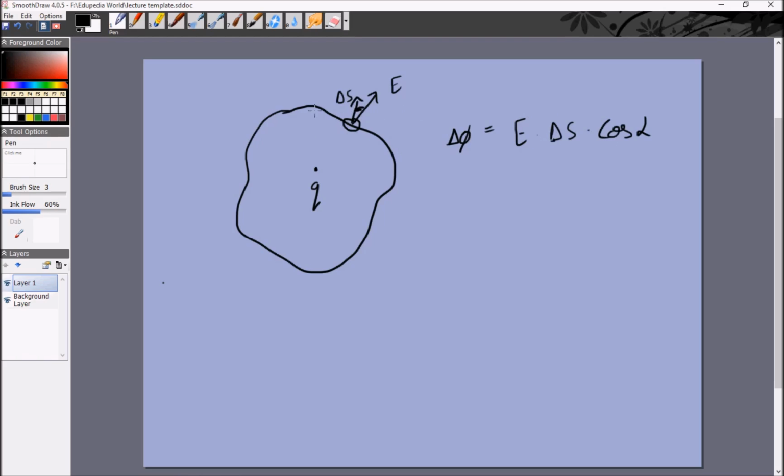I made the figure look a little bit spherical, so you can't really see the difference. But imagine this is Q and this is the surface which you have. In that case, this will be delta S perpendicular to the area, but the direction of electric field will be this, so there will be an angle, right?